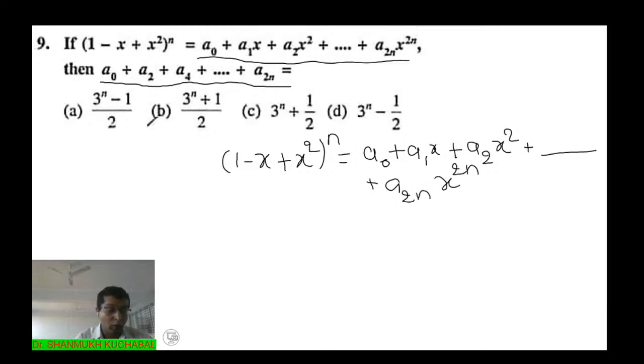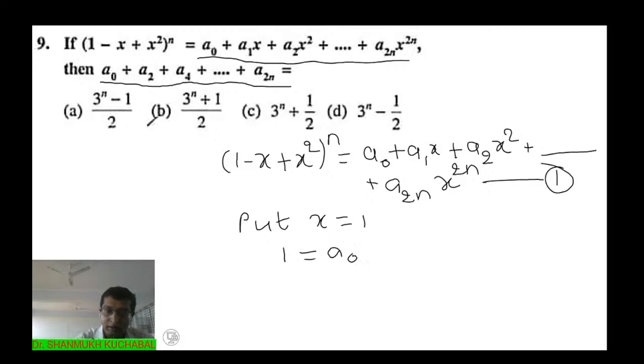We have to eliminate odd terms, so I put x equal to 1 in equation number 1. We get 1 here, because 1 minus 1 cancels. 1 square is 1, equal to a0 + a1 + a2, plus so on, up to a2n. So further we'll put the value of x equal to −1.